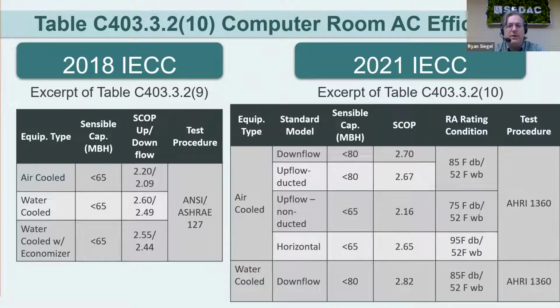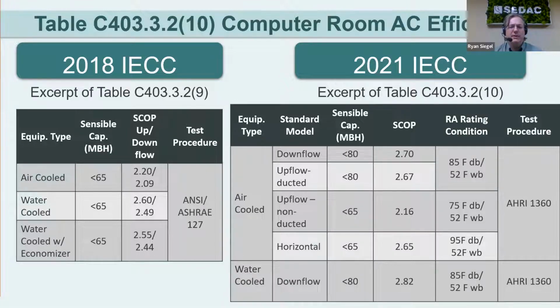Also, here the tables have been broken out in a little bit more detail. Previously it was just air cooled. Now actually breaking it down based on the different types of cooling towers and the computer room efficiency.